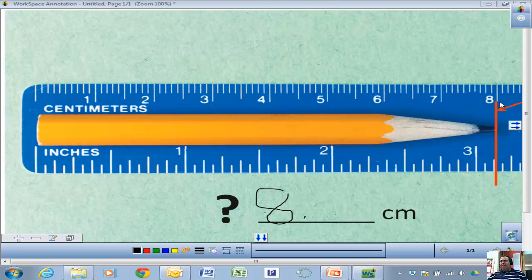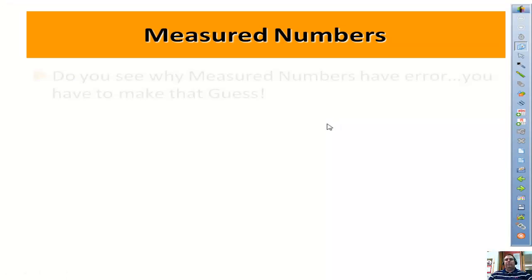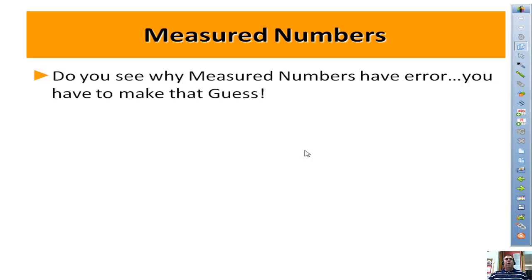But the thing is, I think it's right on 8. So I'm going to go ahead and draw a 0 in there. Now again, when you look here, there are no further divisions, and if I say that I think it's exactly right on that line, I'm going to go ahead and draw another 0 in there. So the correct measurement on this one is 8.00 centimeters.